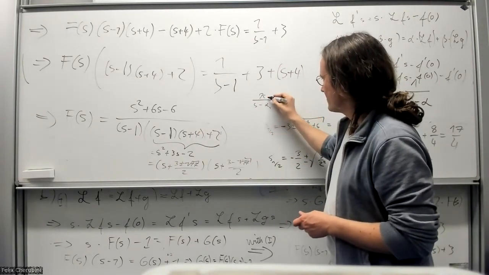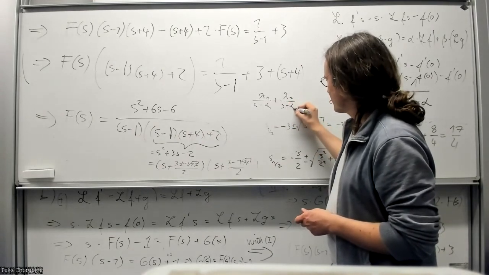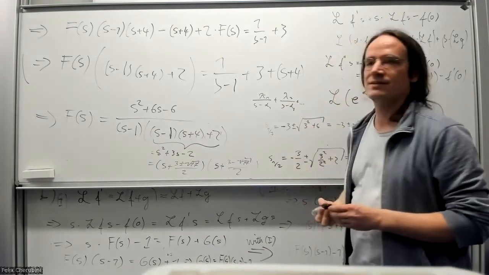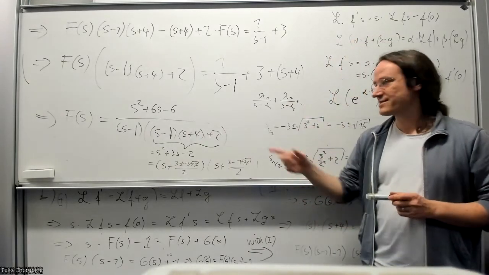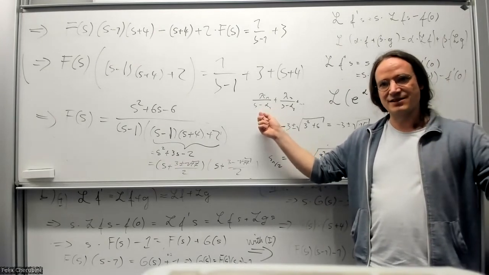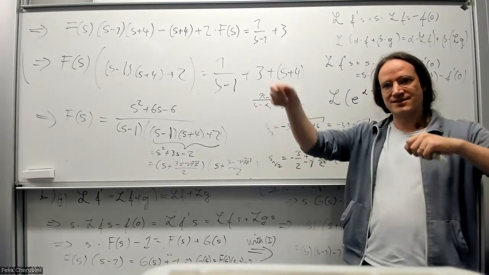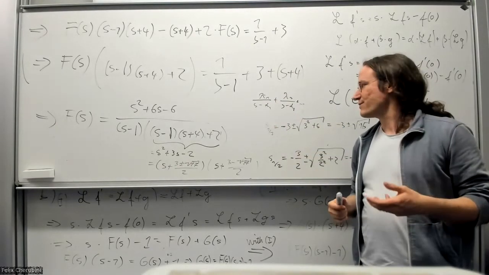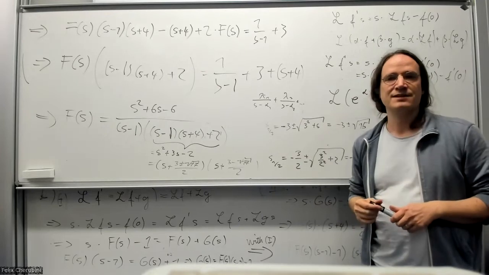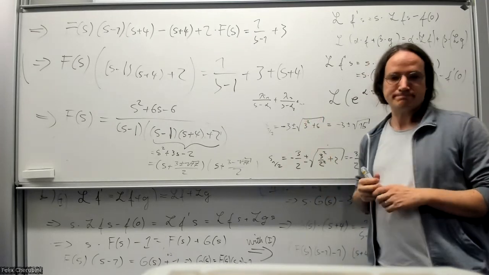Maybe I should call this lambda1 over s minus alpha 1, lambda2 over s minus alpha 2 plus dot dot dot. Because then we will know what the pre-image under Laplace is of these summands. It will be e to the minus alpha t. And then we're done. Then we have a solution.